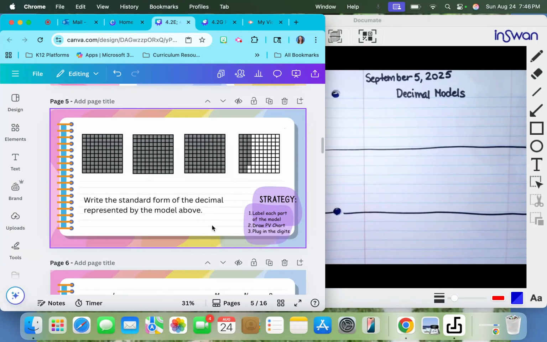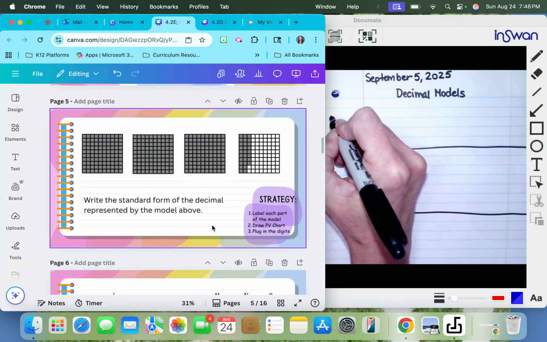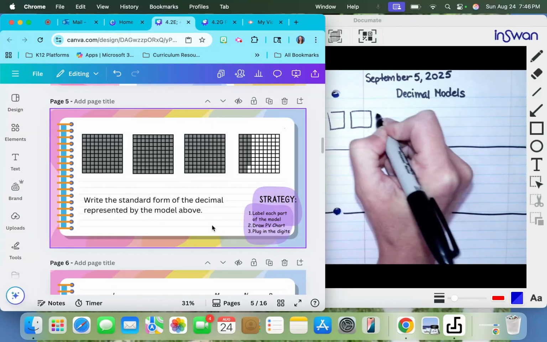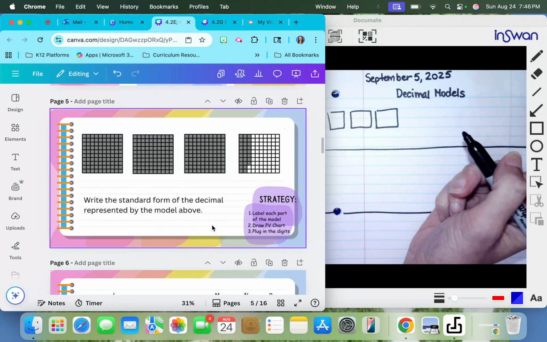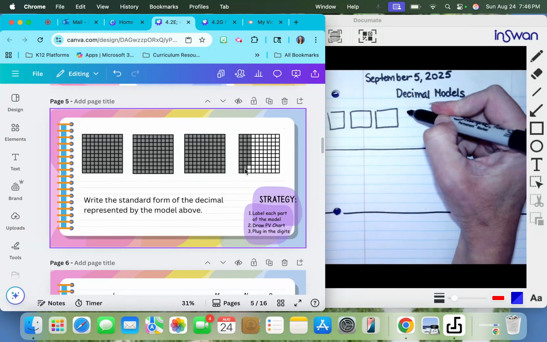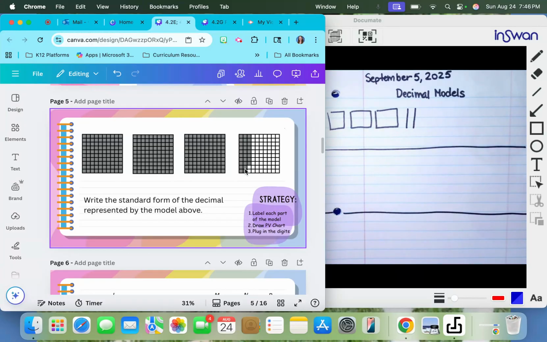So taking a look here at my model, I could draw a quick sketch of this model by drawing 3 whole squares. And again, this is a quick sketch. Okay. And then I see that I have how many columns of 10? Full columns of 10. 1, 2. So I'm going to draw to show that I had 2 columns of 10.